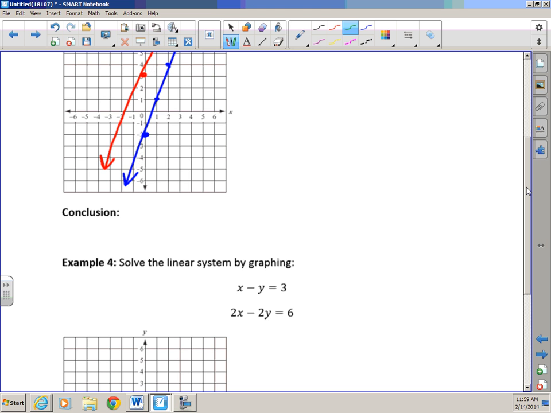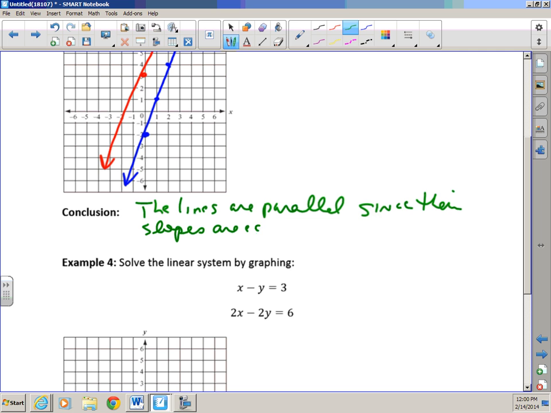So the conclusion is the lines are parallel since their slopes are equal and they have a different y-intercept.